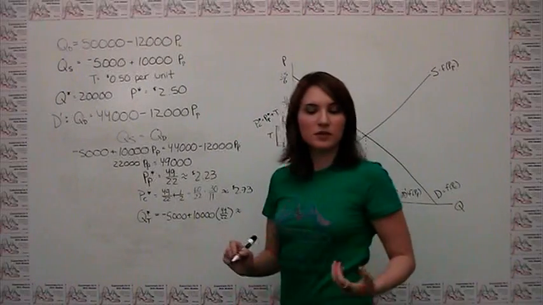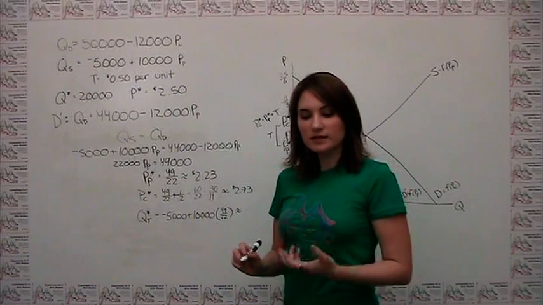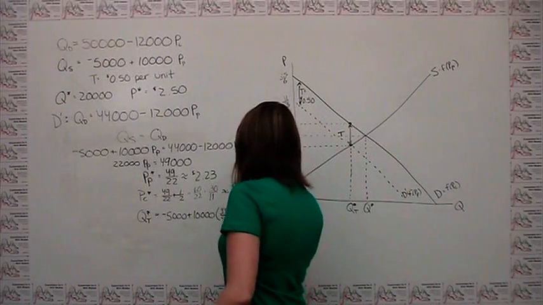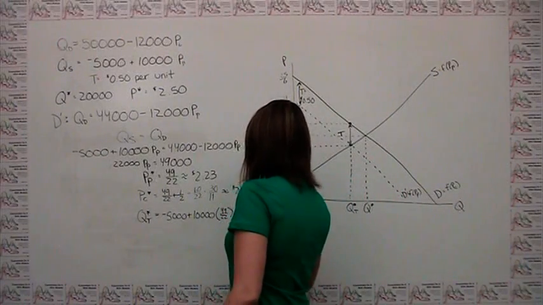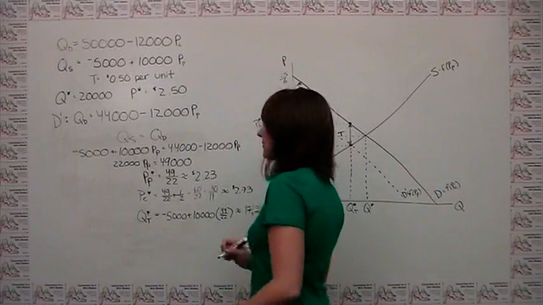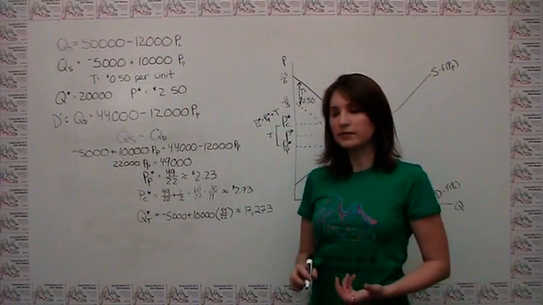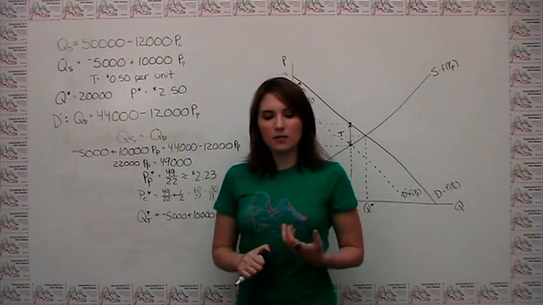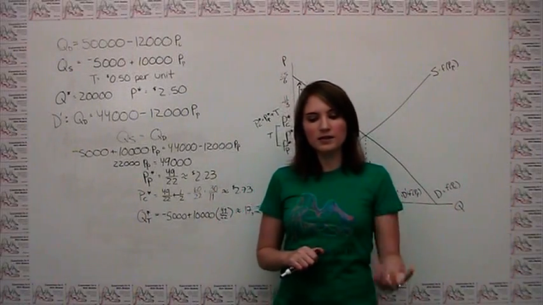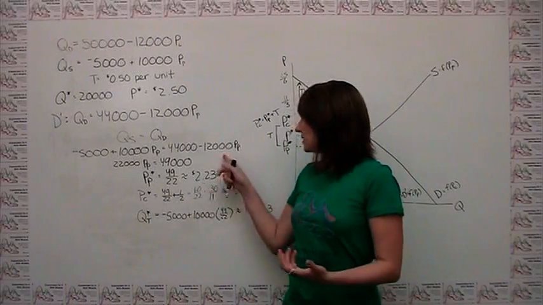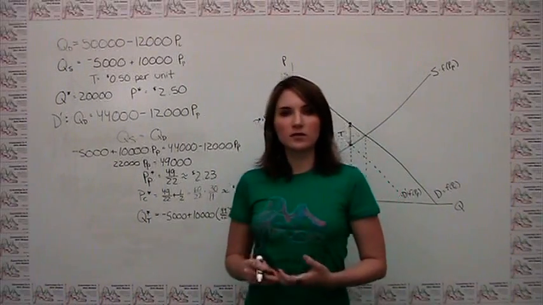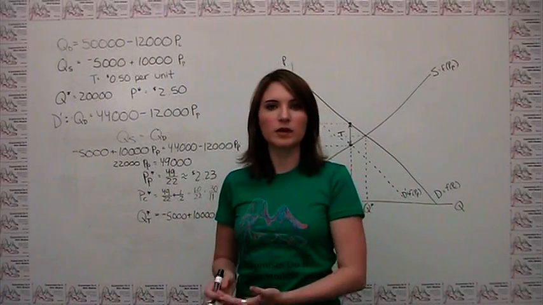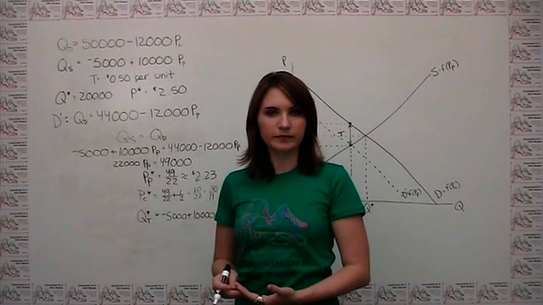You can go through and do this on your calculator. This does come out to the same amount that we had before, namely the 17,273 units. So what we can see here is not only qualitatively, but also quantitatively, we get the same result regardless of whether we choose to implement the tax by putting it on producers or putting it on consumers.